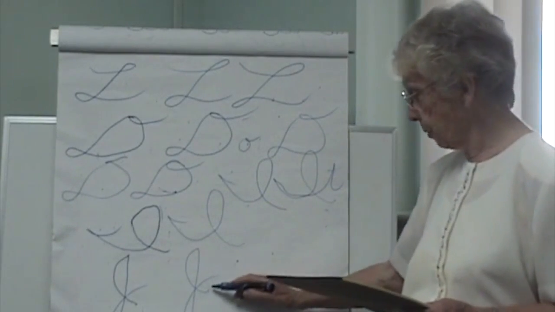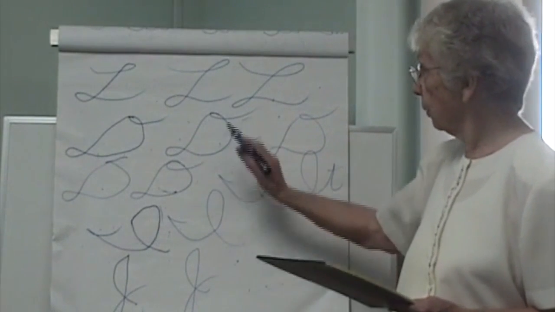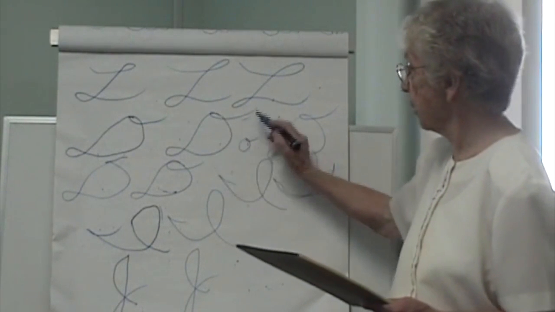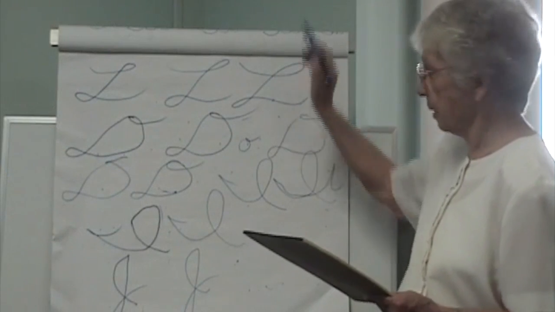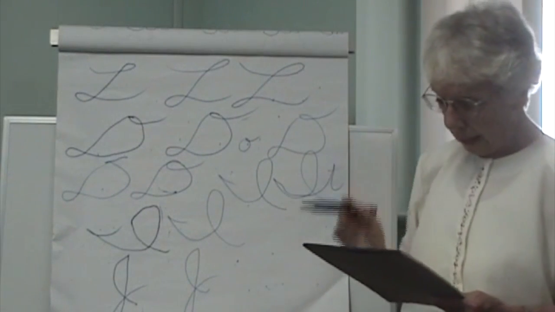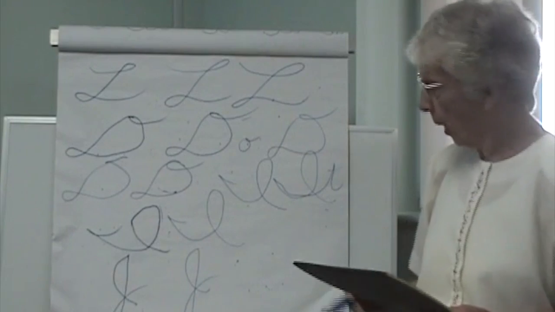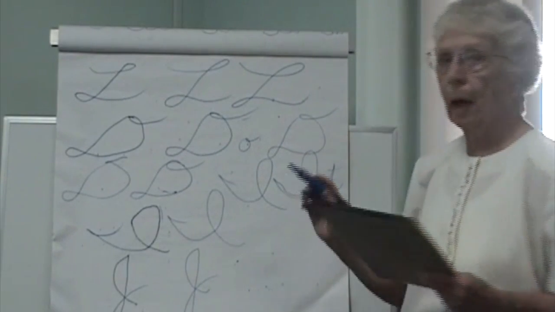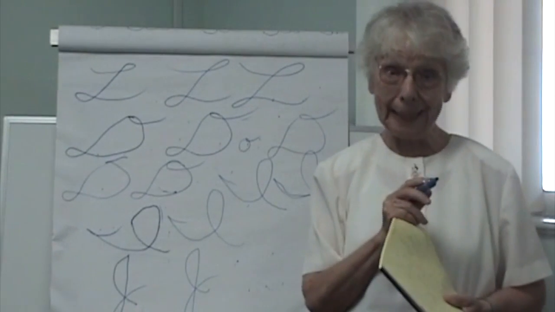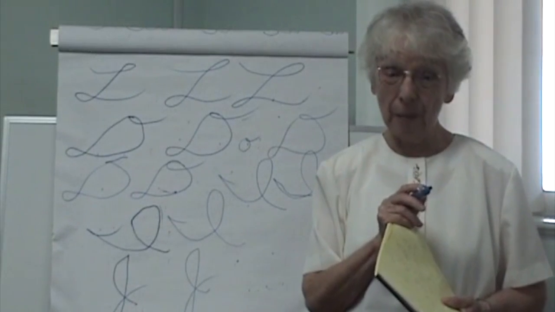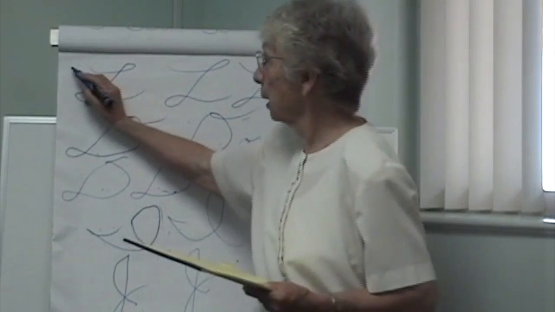This, you can connect this one too. The only one so far you can't connect is the D because it stops at the bridge up here. Okay, now here we are. Now we're going to have more candy canes. But they're not small like you get at Christmas.